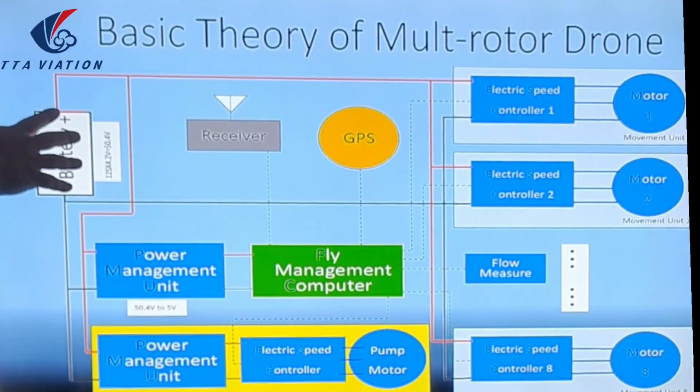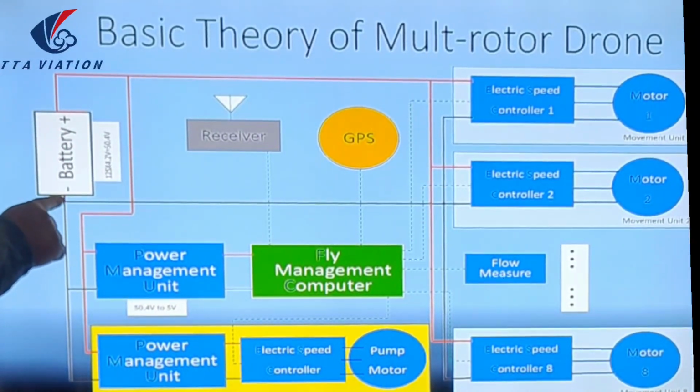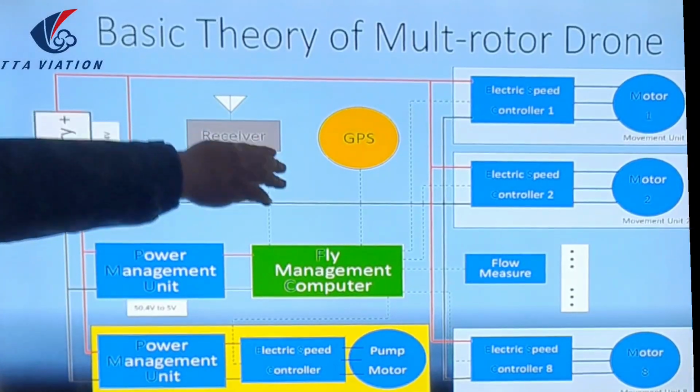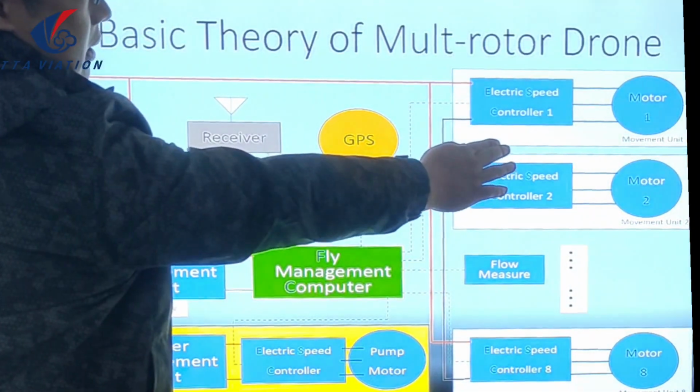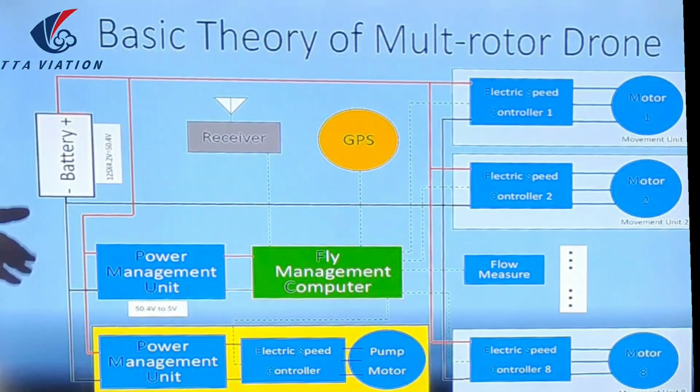We can see first here, the battery supplies power by this red line and black line to this side. I name it a movement unit.